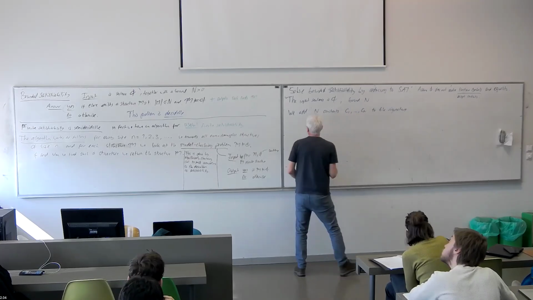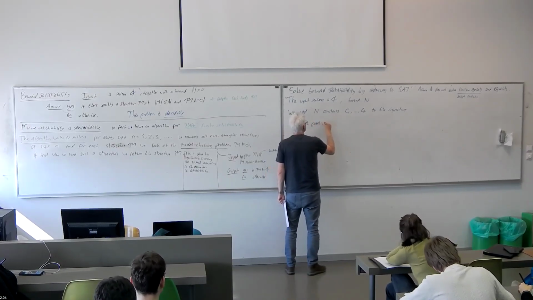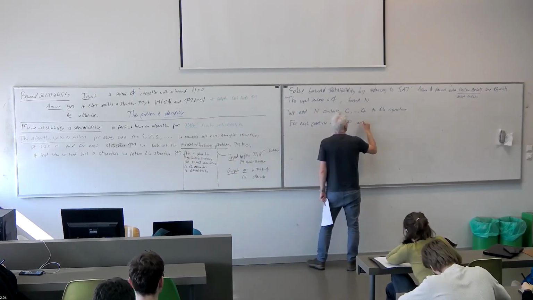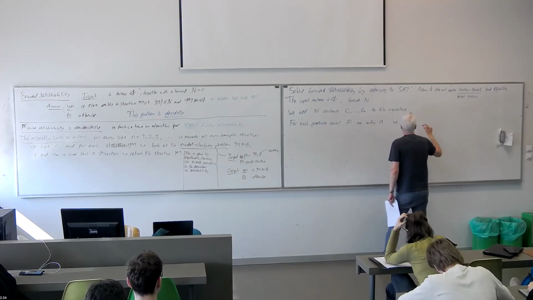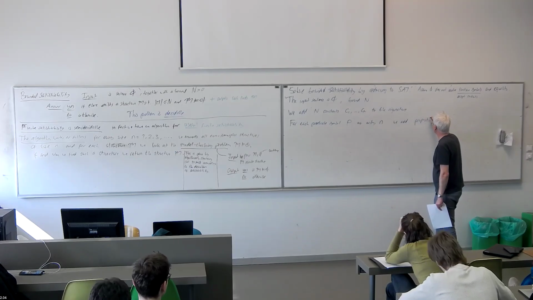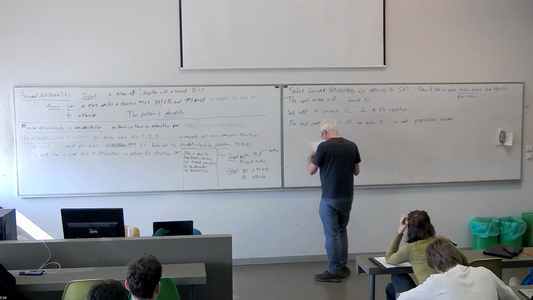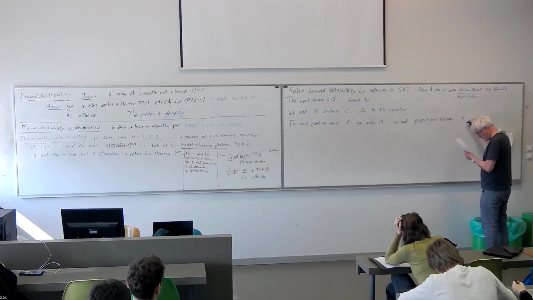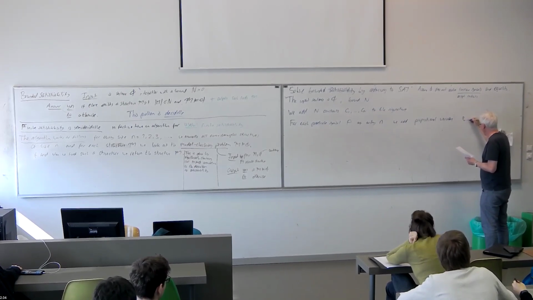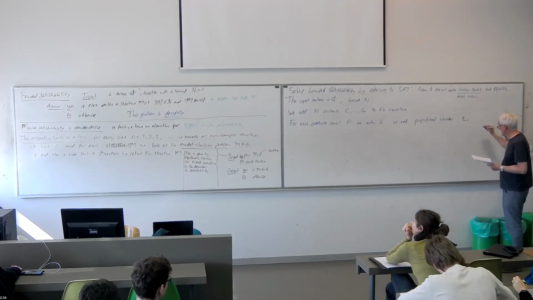And now for each predicate symbol P of arity k, we add propositional variables, which we'll call P. Let's make this k just so we don't have a conflict of n's.